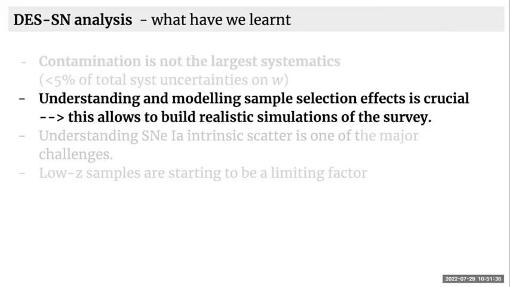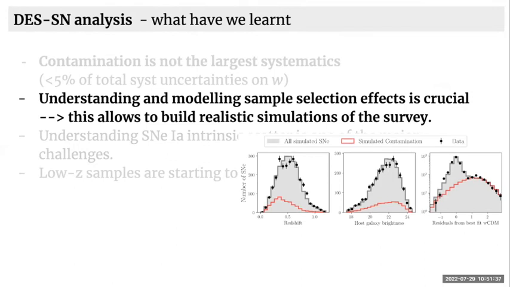Next slide. The second lesson we learned is that having simulations that can robustly model your survey is extremely important. And these simulations cannot be built unless we have a very well-known set of selection criteria when it comes to determining our samples.